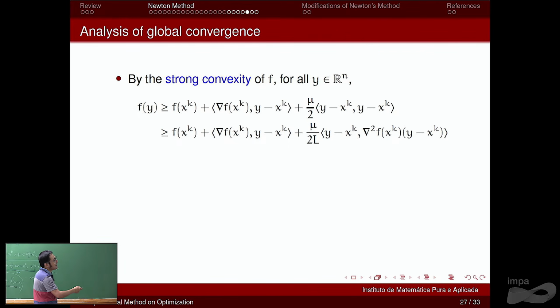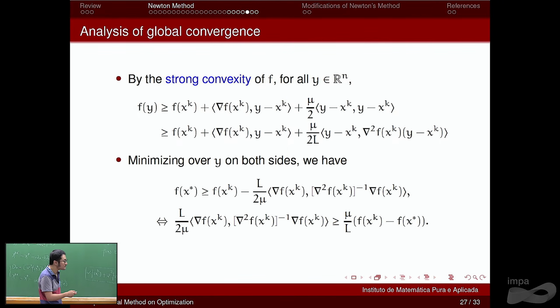And by the same argument, you rewrite I as the Hessian times the inverse of the Hessian, and you use the lower bound of the inverse of your Hessian, which is 1 over L. You get this one. So to get this inequality, first you use the strong convexity, then you use the upper bound and lower bound of the Hessian, and of course the upper and lower bounds of the inverse of your Hessian.